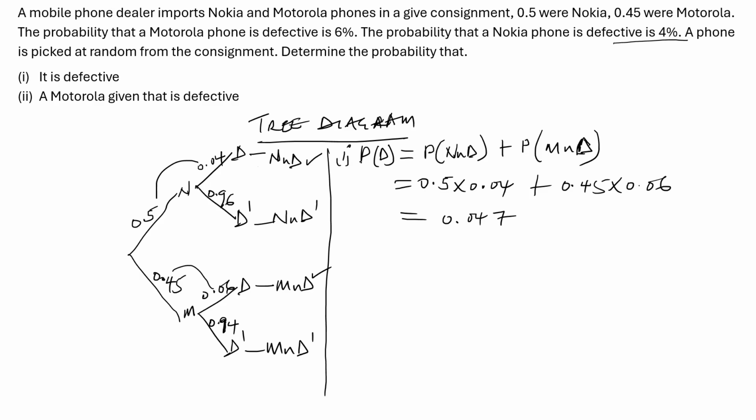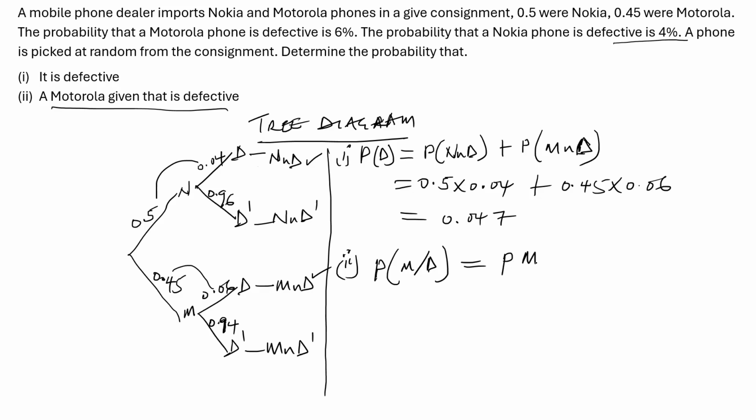Now let's go to Roman 2. This is Roman 1. Roman 2 wants probability of Motorola given defective. We now apply the conditional law. We have forgotten the other two theorems in order to use a new method.